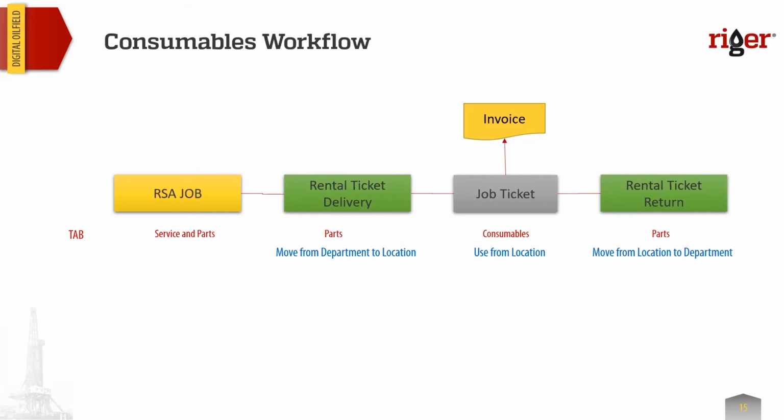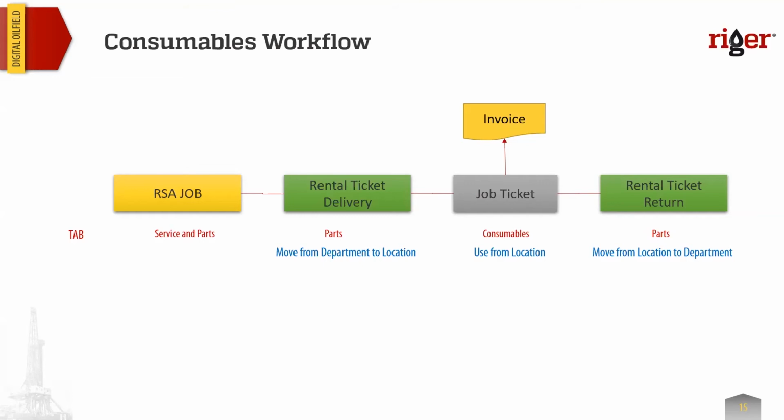When you deliver the consumables to the location, say 100 units of a specific consumable you put on the delivery ticket, now it's allocated to the location, and then you start using these consumables in the job tickets. So if the client used 20 units of the consumables on location, you put 20 units on the job ticket.